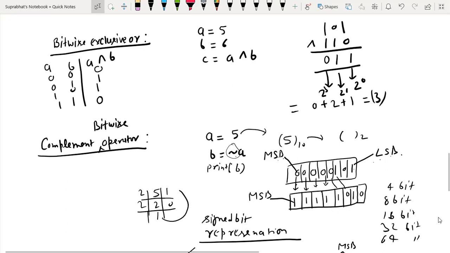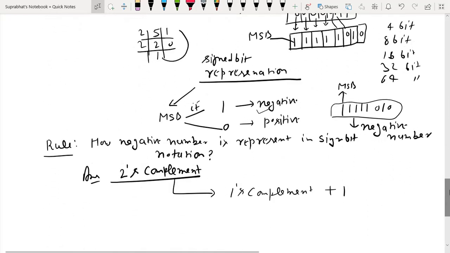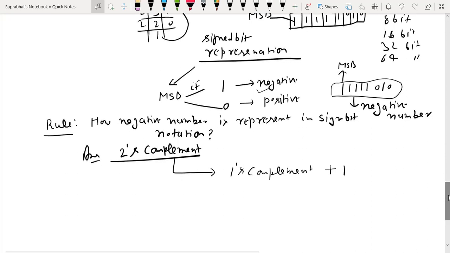So here, first of all, we will do the 1's complement of this one: 1 1 1 1 1, five times 1, then 0 1 0.